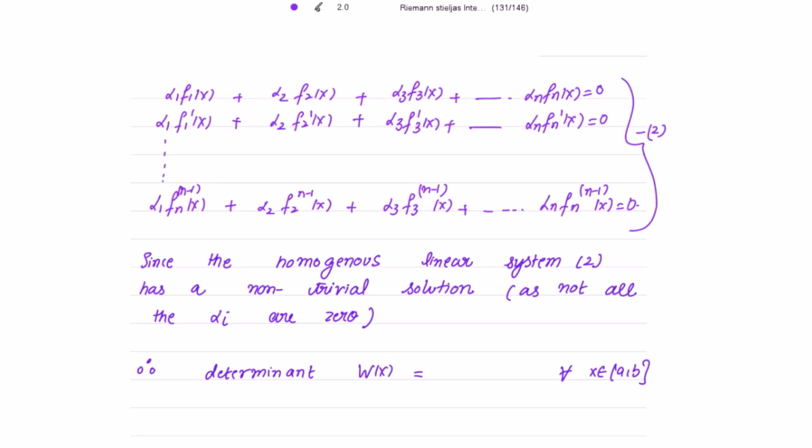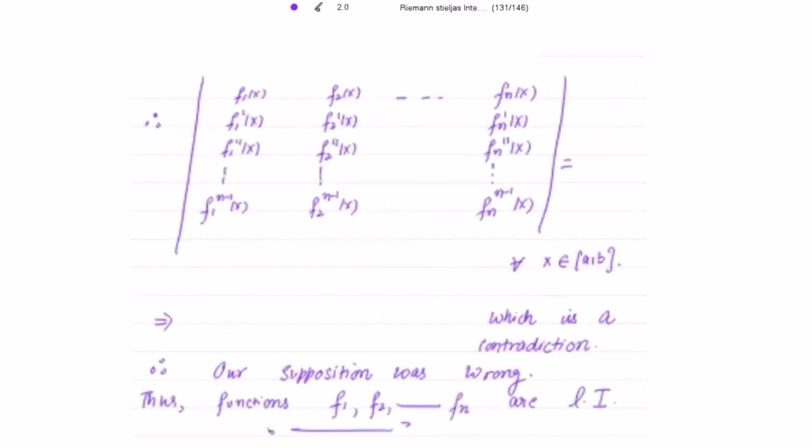Whenever we have a non-trivial solution, the determinant is 0 for all x belonging to the closed interval [a, b]. So therefore the determinant W(x) is equal to 0, which means the Wronskian is 0.